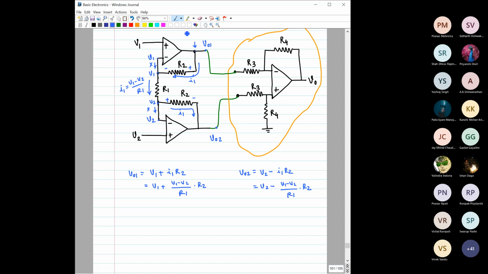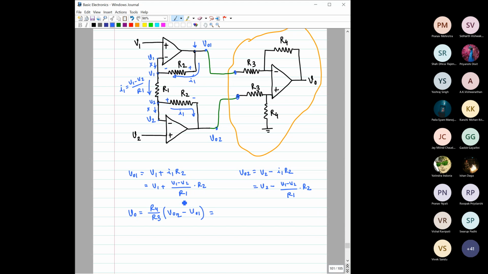Now we know the input voltages to this difference amplifier, and we have seen how to find its output voltage. The output voltage would be R4 by R3 into V output 2 minus V output 1, right?